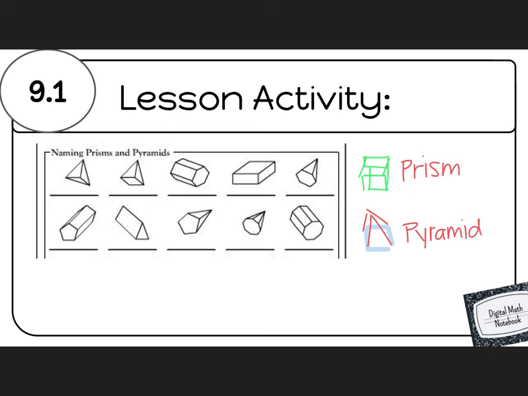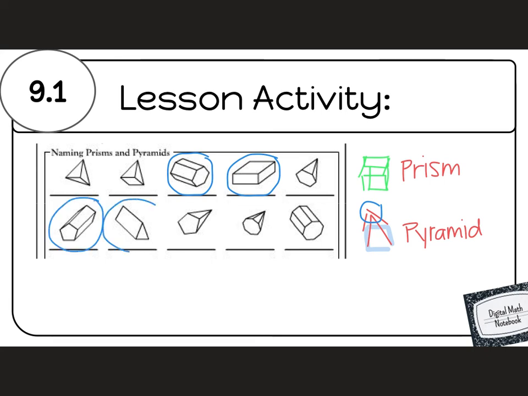So when we're looking for prisms, we want to look for shapes that have a top and a bottom instead of just one top where they all meet. So I know that this one here is a prism. This one here is a prism. This is a prism.